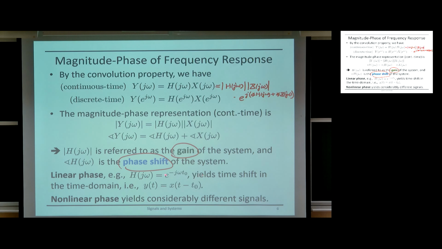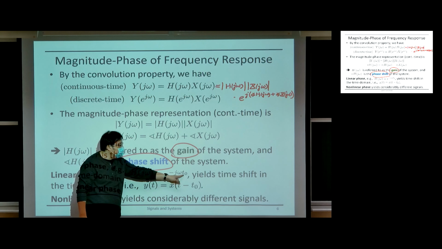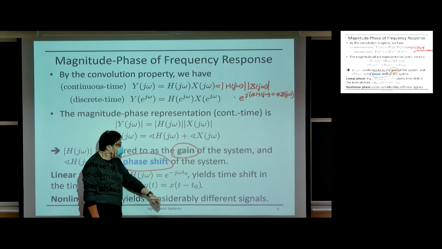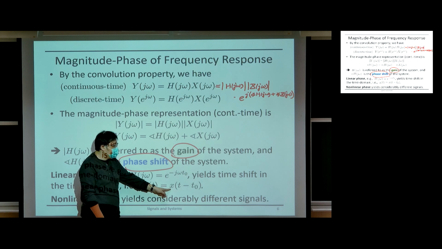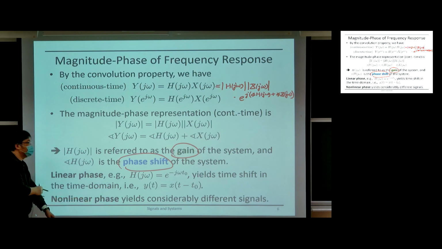So when you impose a linear phase, a phase that increases linearly with the frequency, then you're actually imposing a delay t naught because you're shifting every frequency component by the same amount t naught. Then when you add them together, you just get the original signal, the aggregate signal, still shifted by t naught.